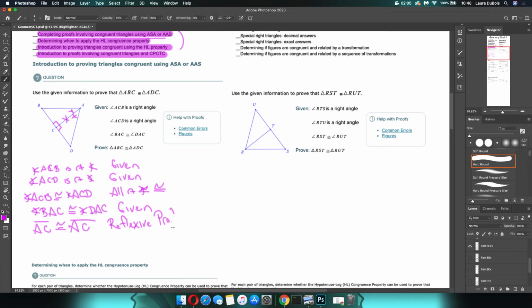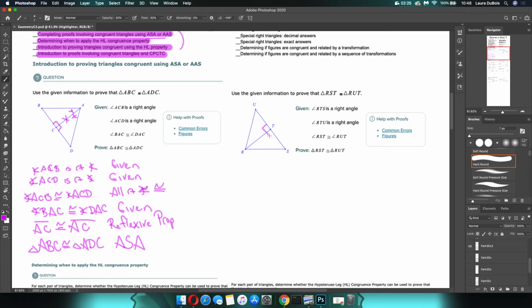Property, not proof, Mr. Dubois, as we are starting to write these proofs out. And now we're ready. Triangle ABC is congruent to triangle ADC, and specifically because this is angle, side, angle, and I know that because the side is between the two angles.